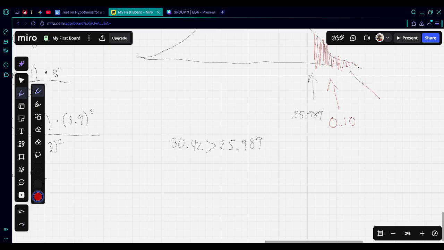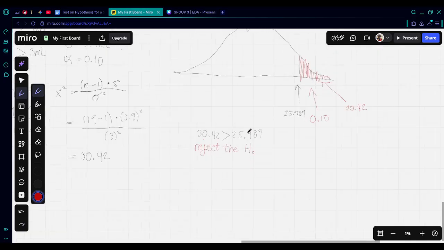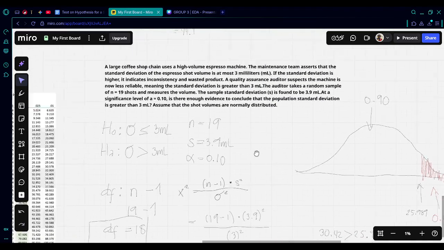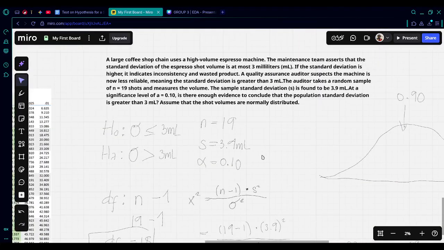Let's say 30.42 is here. So it means that we reject the null hypothesis. What can we conclude based on the problem? Since we reject the null hypothesis, it was proven that the standard deviation is greater than 3 ml.